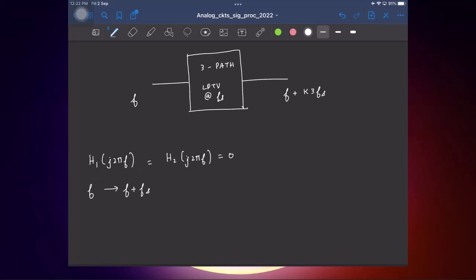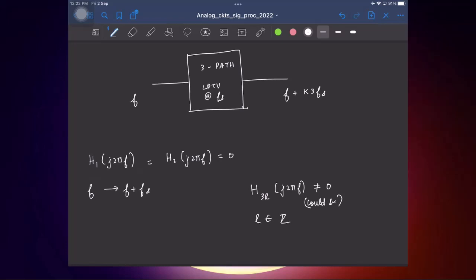So for this 3-path LPTV system, where each individual LPTV is periodic at Fs, the harmonic transfer functions that could be non-zero are of this form: h3l of j2 pi f, where l belongs to the integers. So this could be non-zero, that's all. All other harmonic transfer functions will definitely be 0.